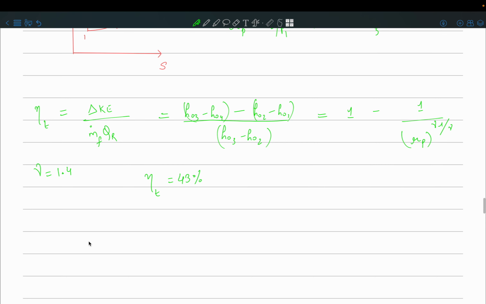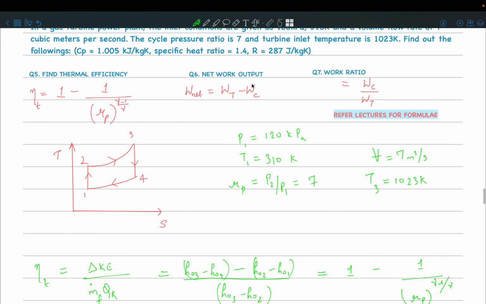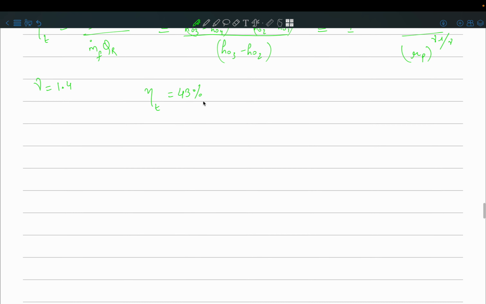Okay, so I'll just move on to the next part of the question, which is the net work output. So net work output is the work output by turbine minus the work input to the compressor. So how do you calculate now the work produced or consumed in this case?